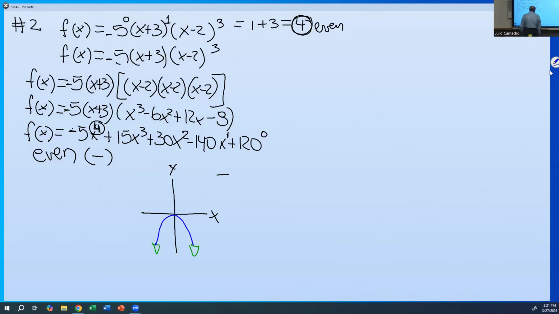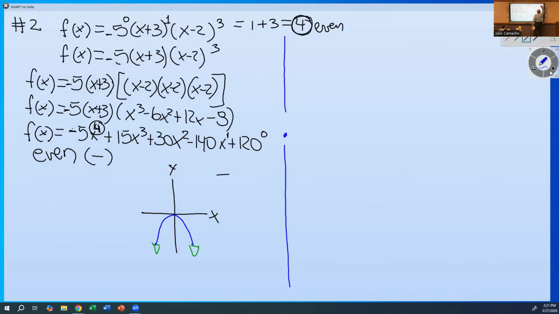So far, we found the degree of the polynomial, and we found the behavior of the polynomial. Now we need to find the zeros of the polynomial, or the values of x in this equation, in order to find in what places this graph or this line will be touching or bouncing off the x-axis. To do that, I want to go back to our original factor form equation.